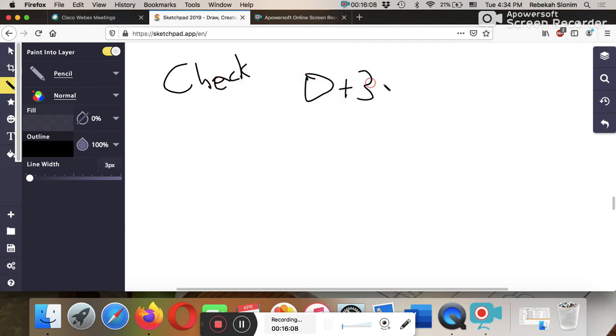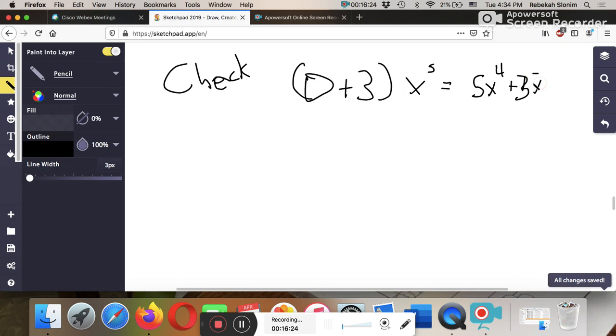D plus 3 applied to x to the fifth is going to be 5x to the fourth plus 3x to the fifth.